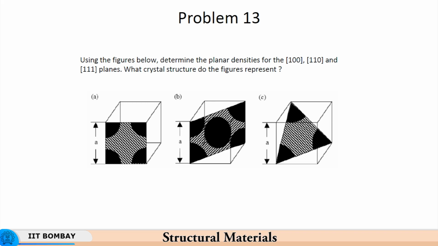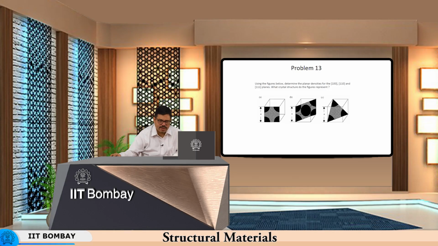And then the question is, which crystal structure do the figures represent? It is the body centered cubic structure. That is because this body centered atom is completely on the 110 plane, and then there are no extra atoms on the 111 plane.